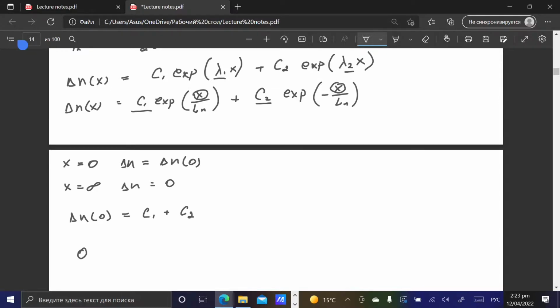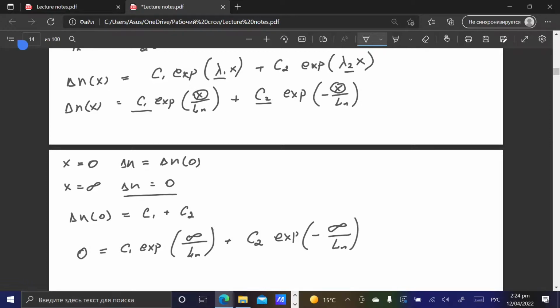So the left side will be 0, we know from this boundary condition. And here we will have C1 times exponent of infinity divided by Ln, plus C2 times exponent minus infinity divided by Ln. The second term will approach 0 because it's minus infinity, obviously approaching 0.